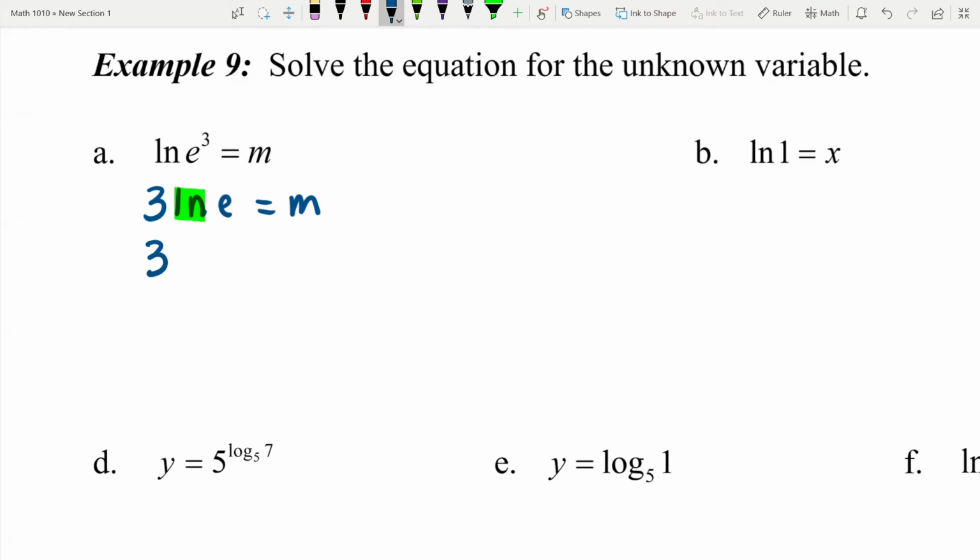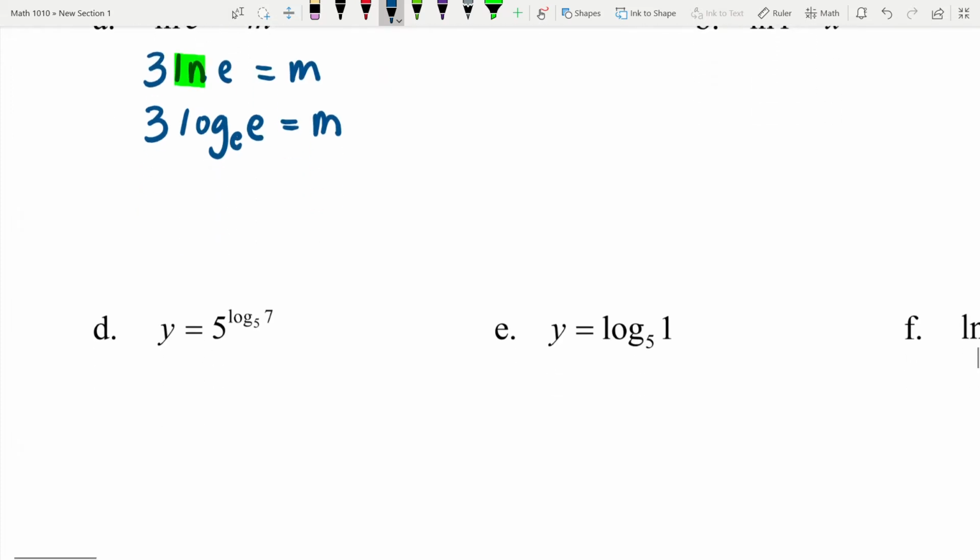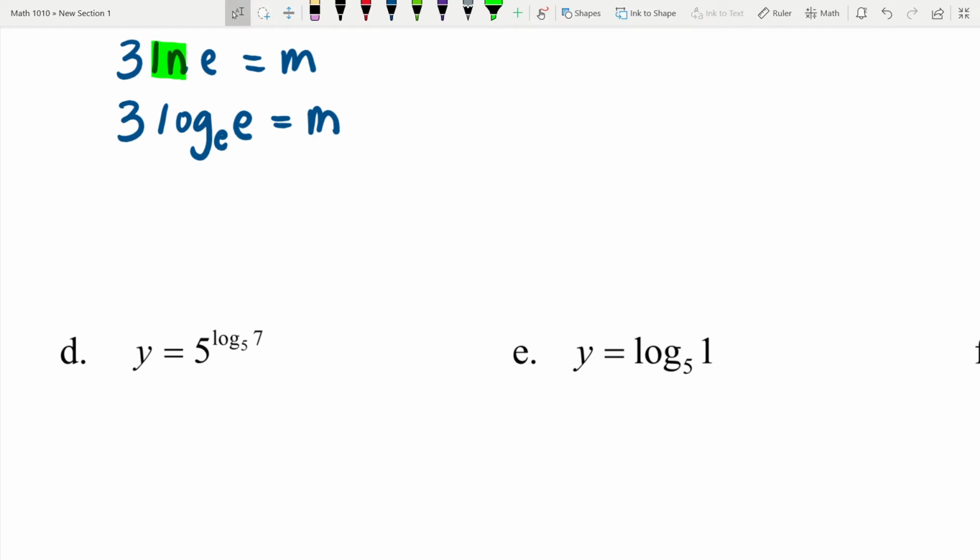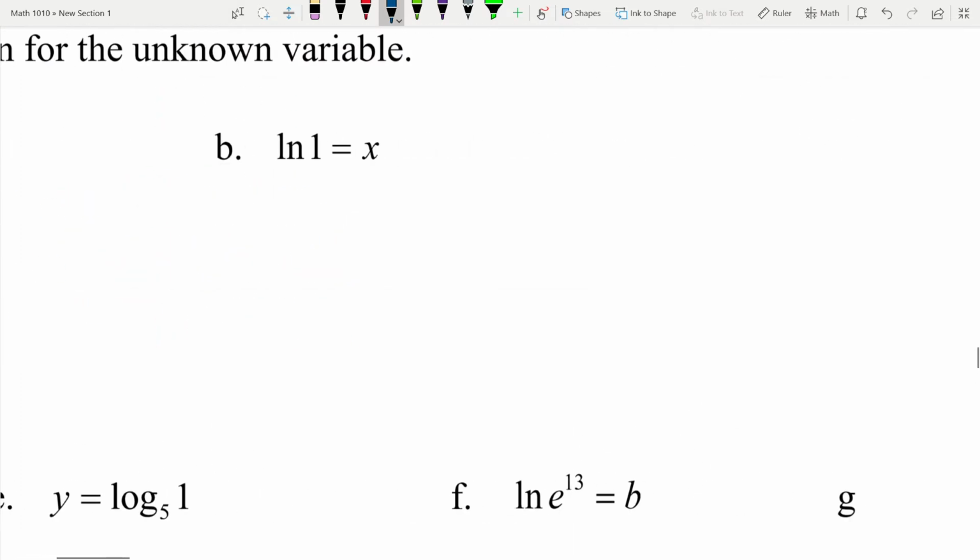So everybody go 3 multiplied by log base e of e is equal to m. All I did is replace ln with log base e. What's log base e of e? 1. What's 1 times 3? 3. So we know 3 is m, and we're done. That's it.